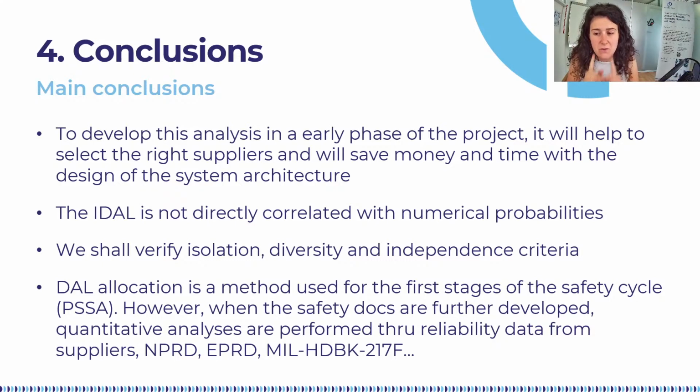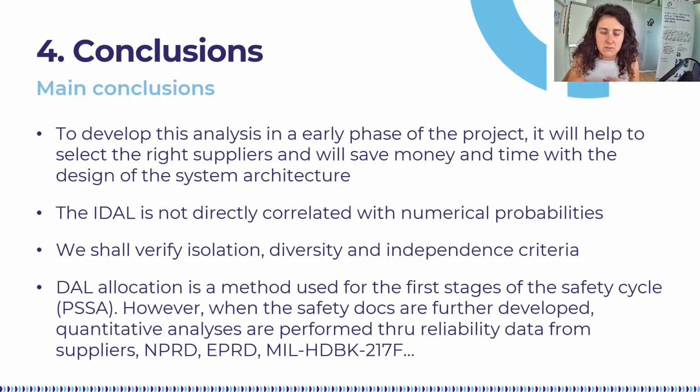Then something that, in our experience, makes a lot of discussion in the companies, is that the IDAL is not directly correlated with numerical probabilities, as I said. So you have a qualitative requirement that is the IDAL, and numerical requirements that are the numerical probabilities.